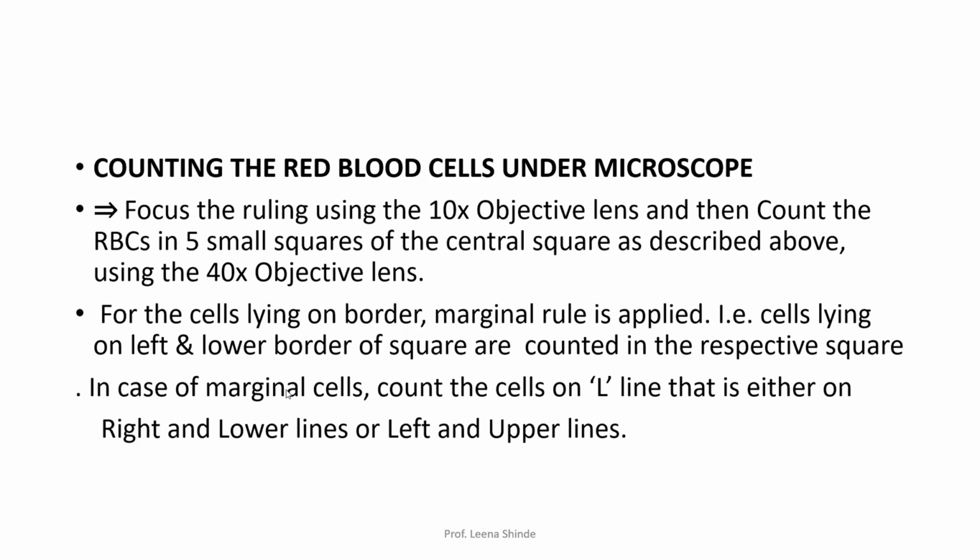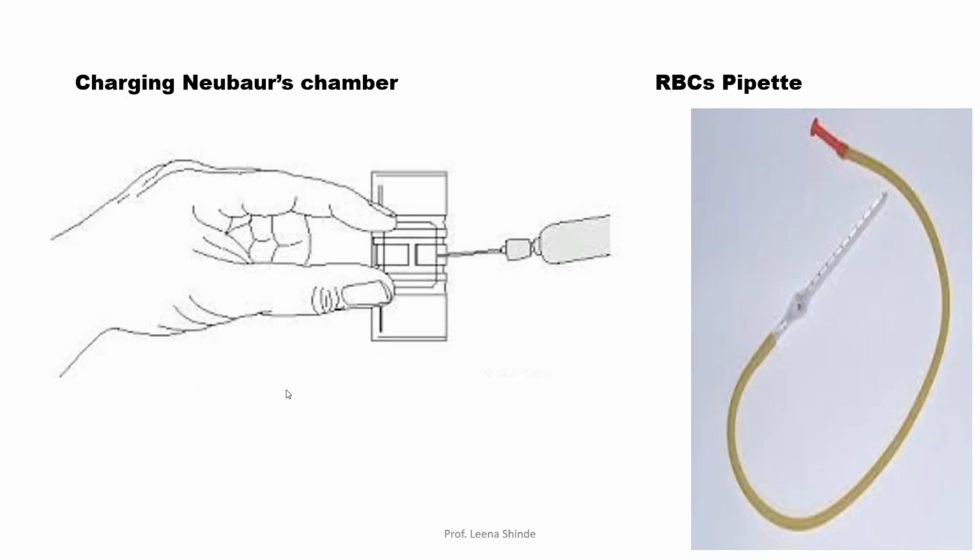That is, cells lying on the left or lower border of squares are counted in the respective square. In case of marginal cells, count the cells on L lines, that is either on the right and lower lines, or left and upper lines. Here are some photos of the total RBC count.